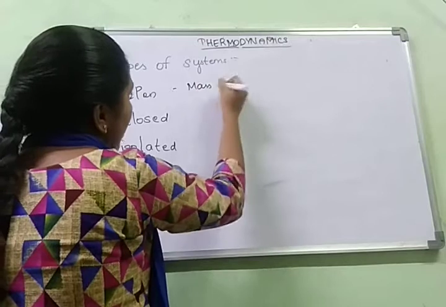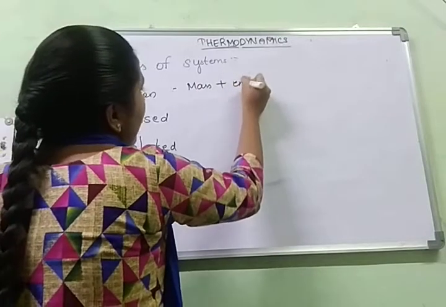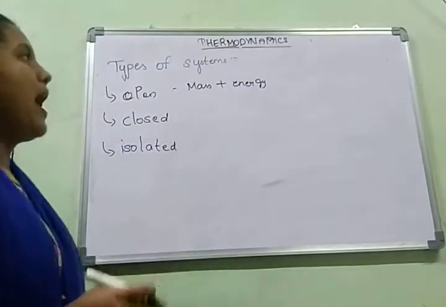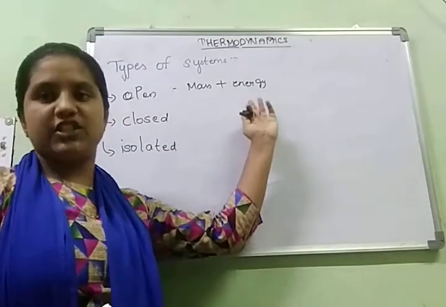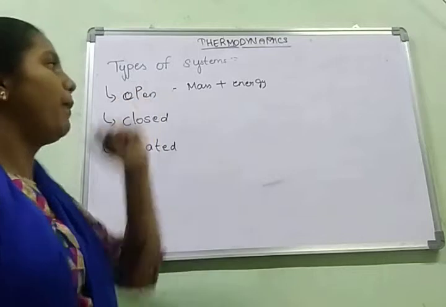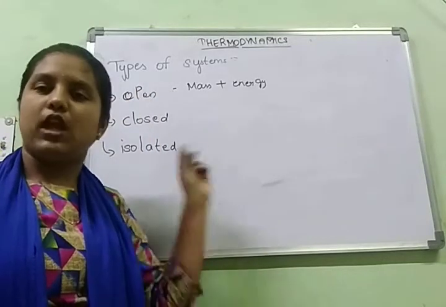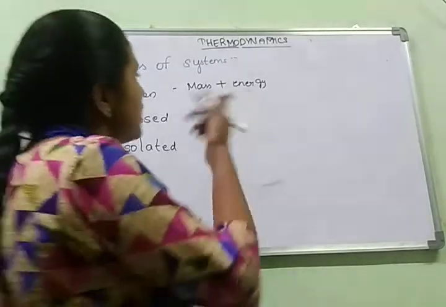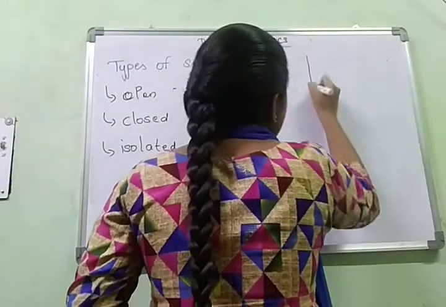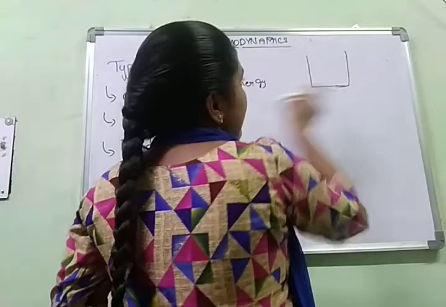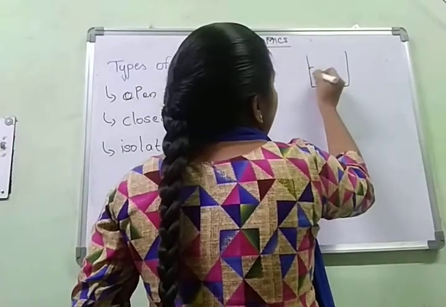In open, mass plus energy, don't think in that way. Mass as well as energy exchange takes place in an open system. I'll explain with an example of a diagram. Suppose there is a beaker consisting of a liquid.